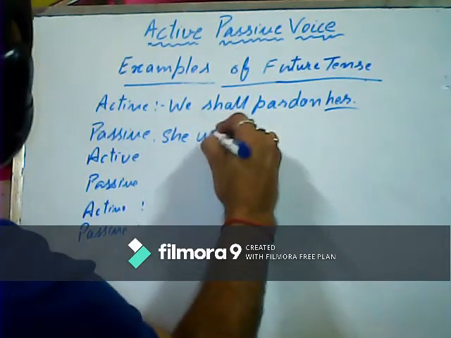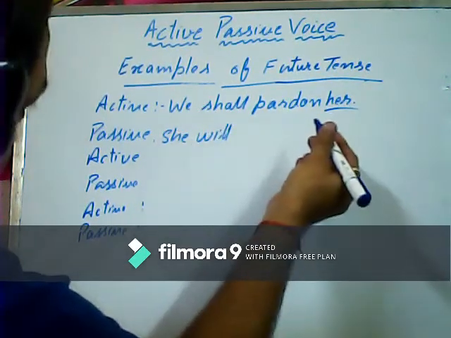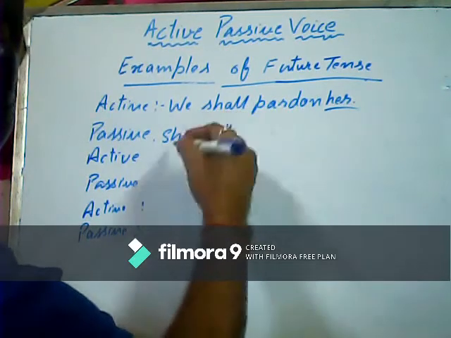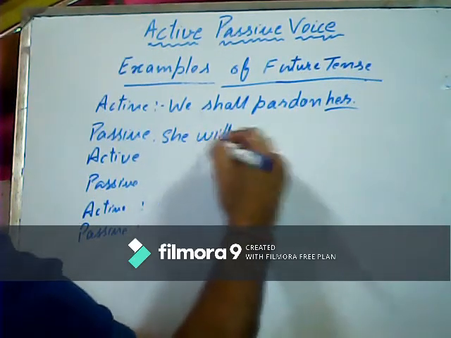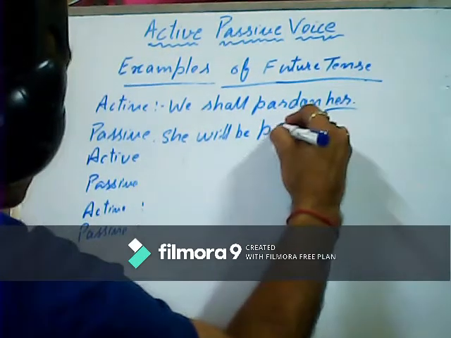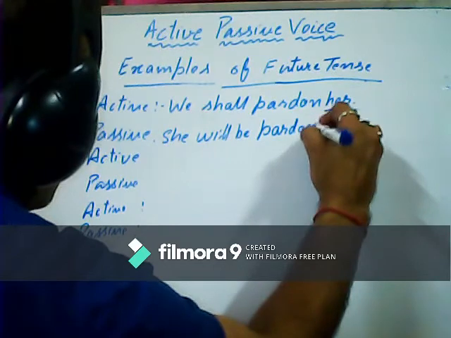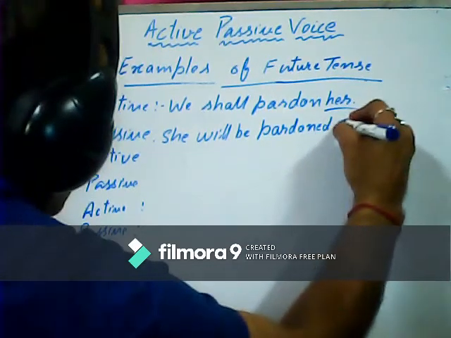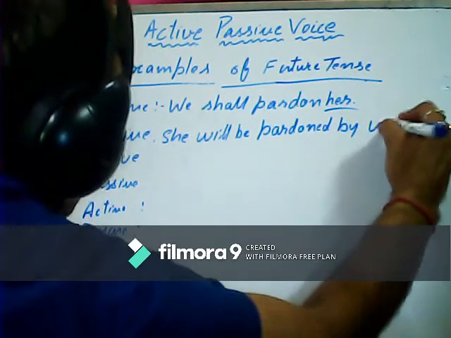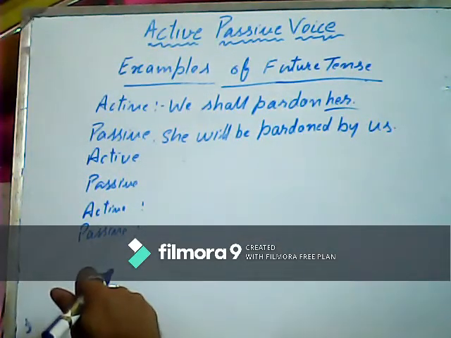Because it is in simple future tense, it will be: she will be pardoned, third form of pardon. By, we will change into us. In this way we change the sentences.